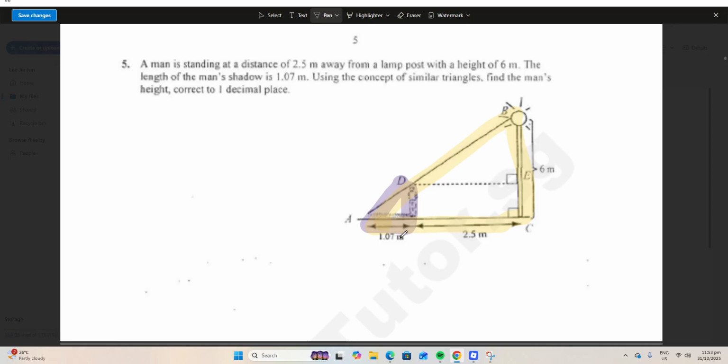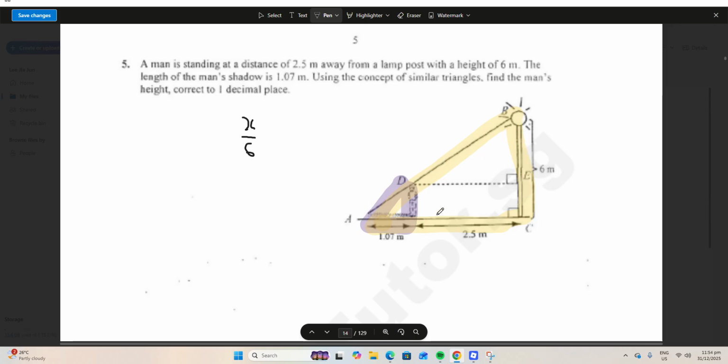This is 1.07. By similar triangles, remember to write that in O levels or Cambridge. Find the man's height. So this height and this height, you leave it. Let the man's height be x. X over 6, which is the corresponding side, right?